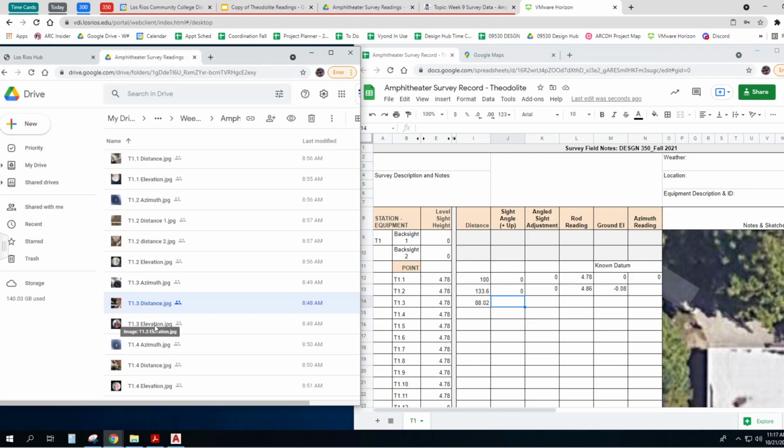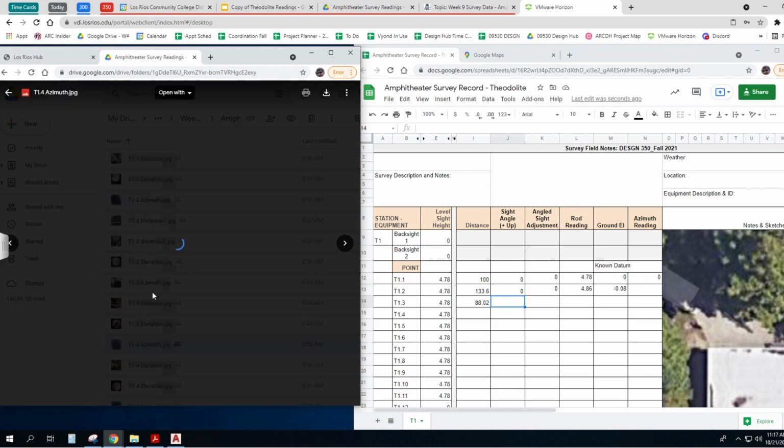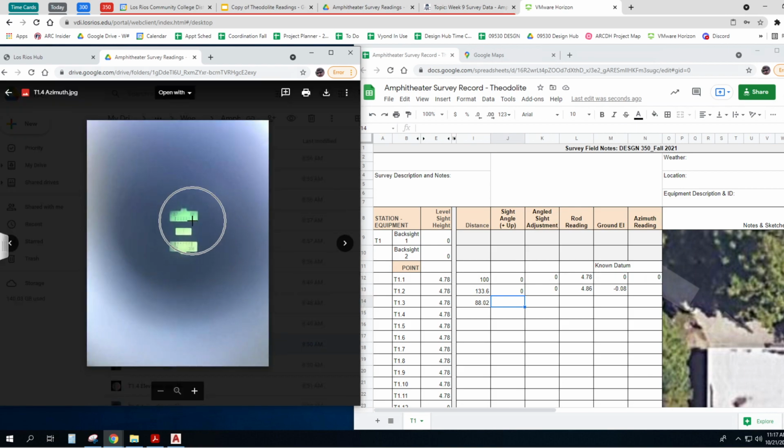Okay, now let's check out our angle. It's at 88. Now I happen to know, you have to know whether that's angled up or angled down. And that's angled down, right? No, this is actually angled up. Oh. And that's because the theodolite has been flipped 180 degrees. So you have to know. And that would be good if we put that in here, but that is actually up 2 degrees.